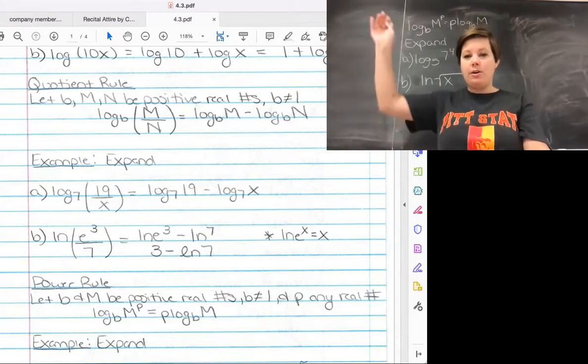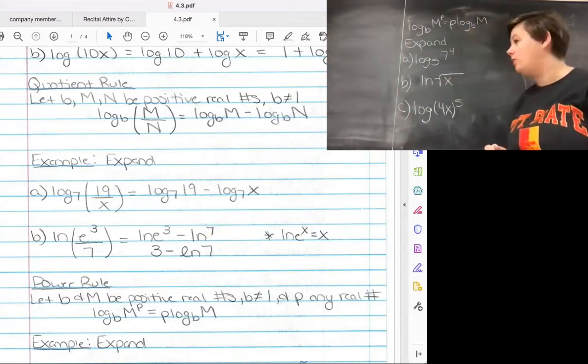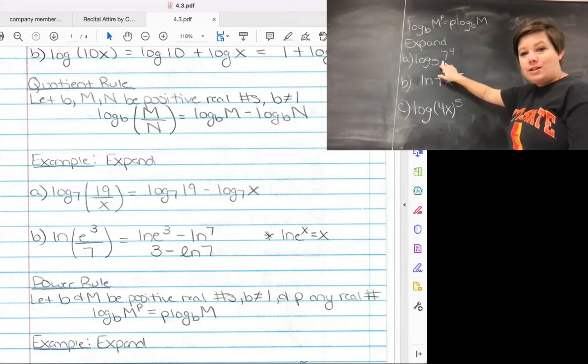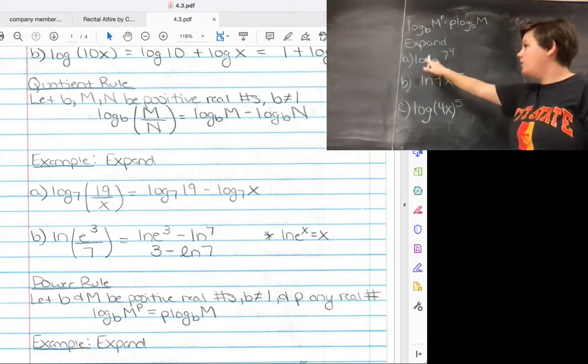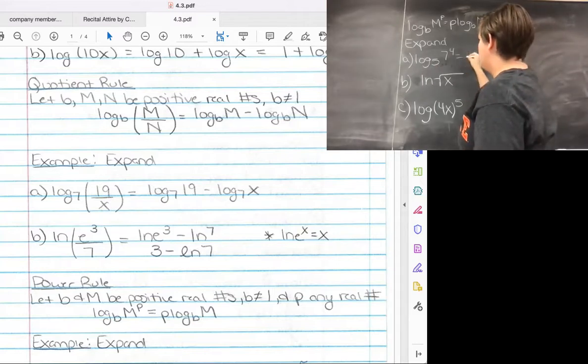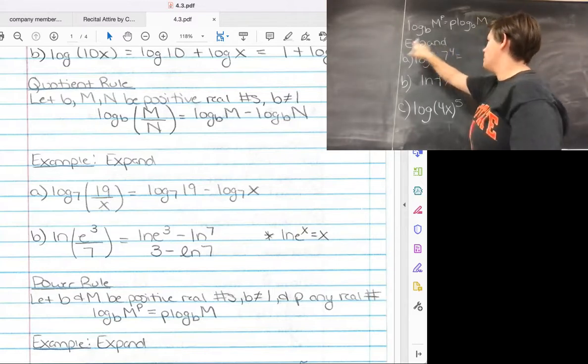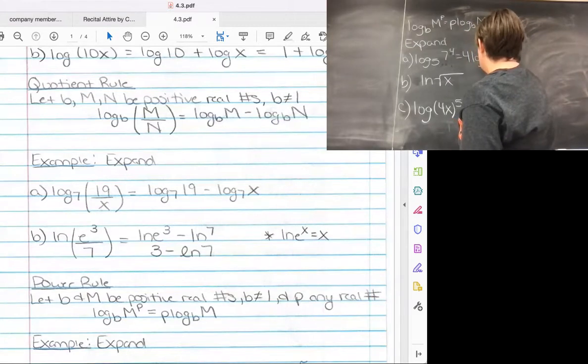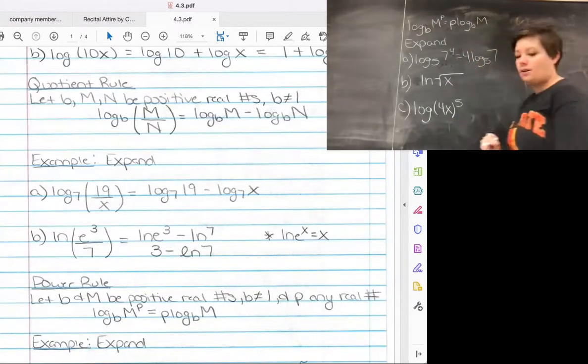So we pull the power around to the front of our logarithm. So we're going to do 3 examples. We have log base 5 of 7 to the 4th power. Based on the power rule, we pull that power down to the front. So it'd be 4 times log base 5 of 7.